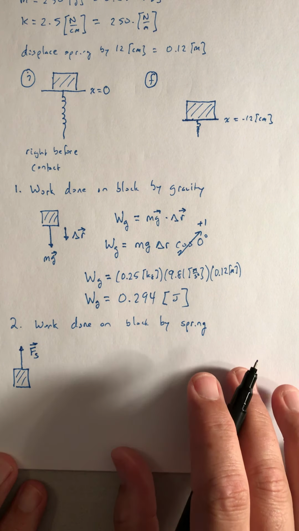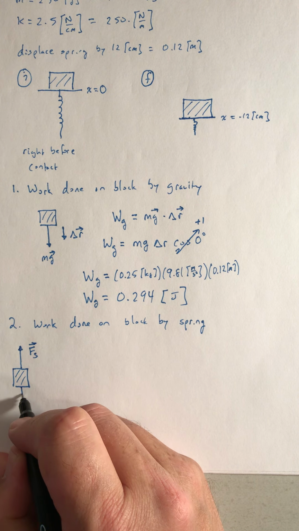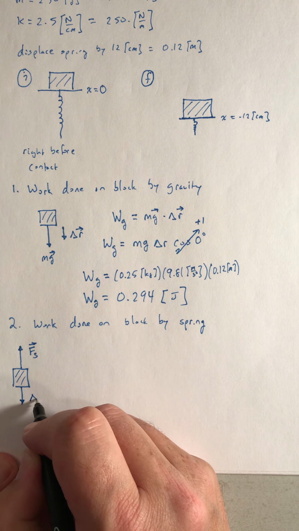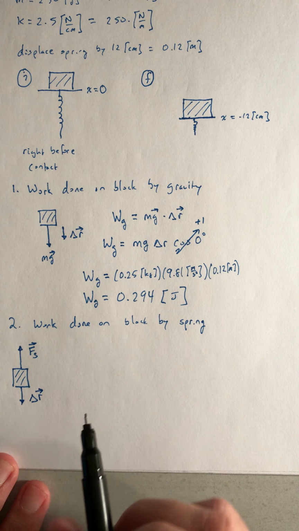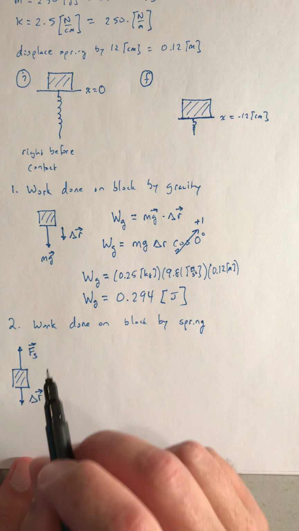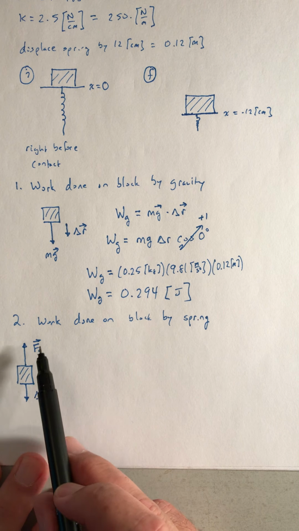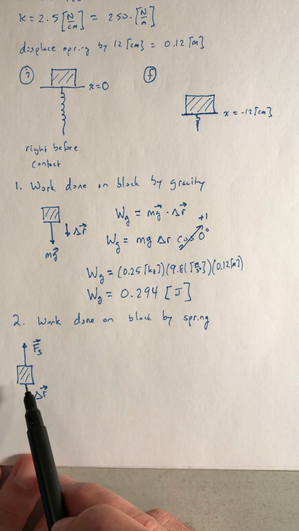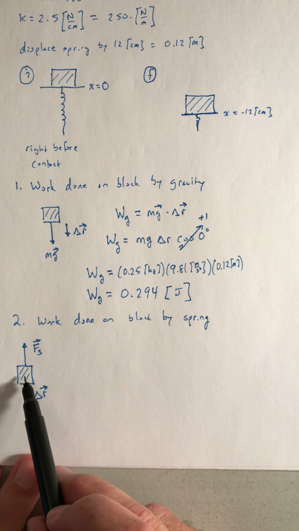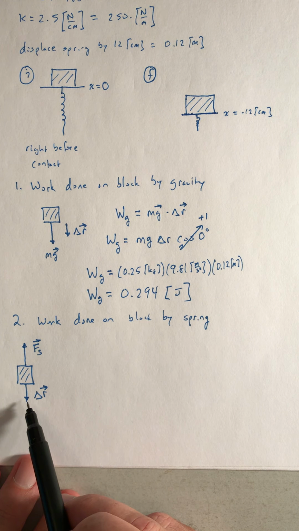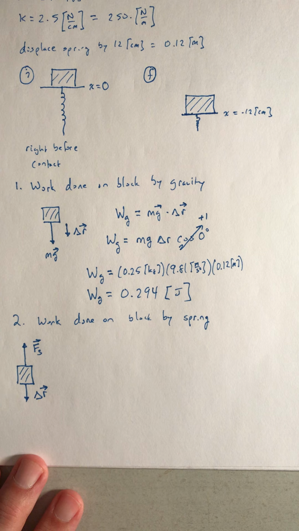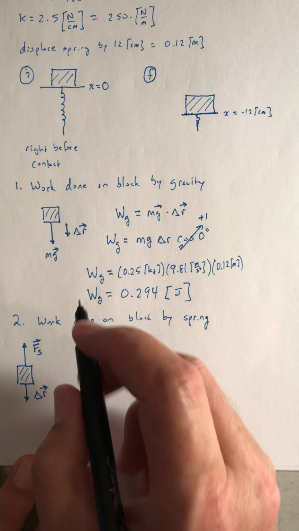So there's a force of the spring while the block is displacing down. We need to remember that the force that this spring exerts is not constant. It starts off exerting no force, and the more and more you compress the spring, the greater and greater the force is. It's from Hooke's law.